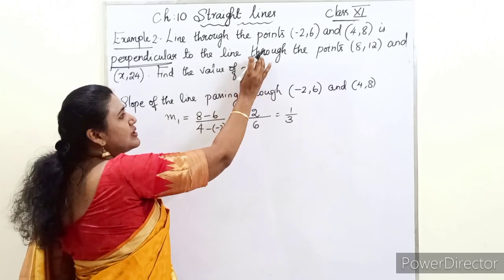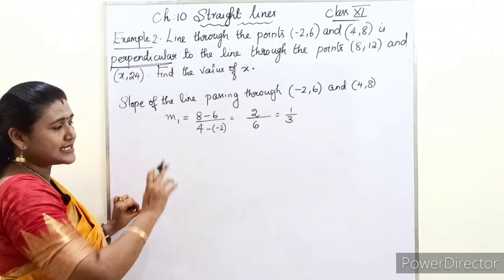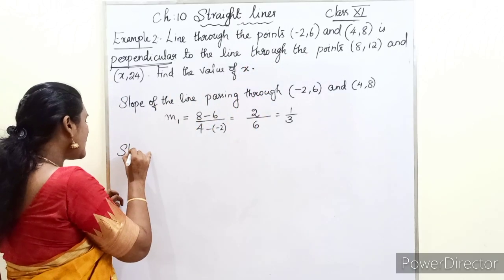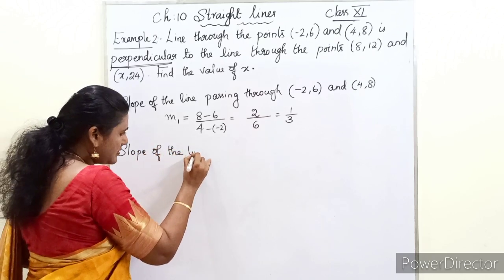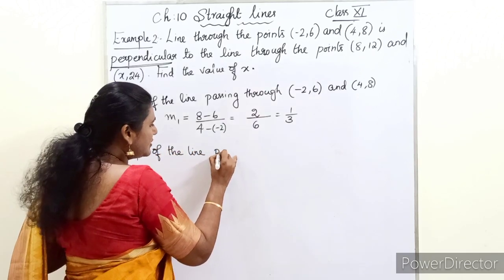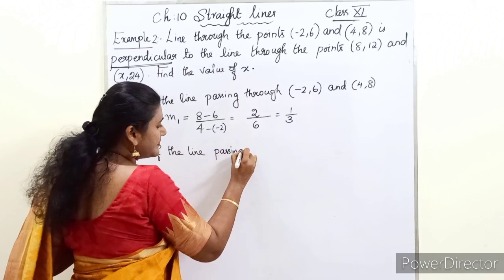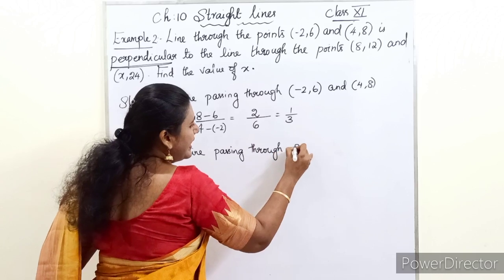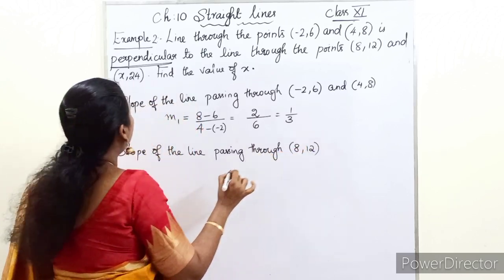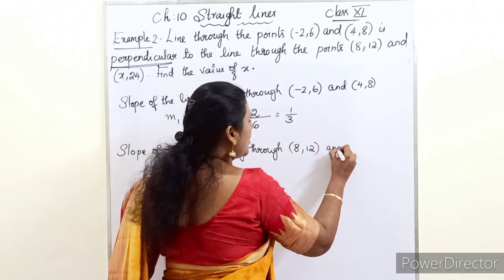Similarly, we will find the slope of the second line. Slope of the line passing through 8, 12 and x, 24.